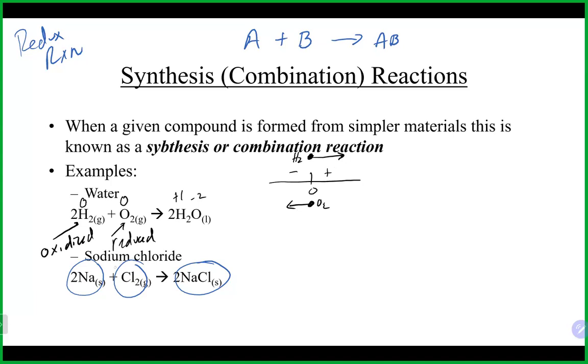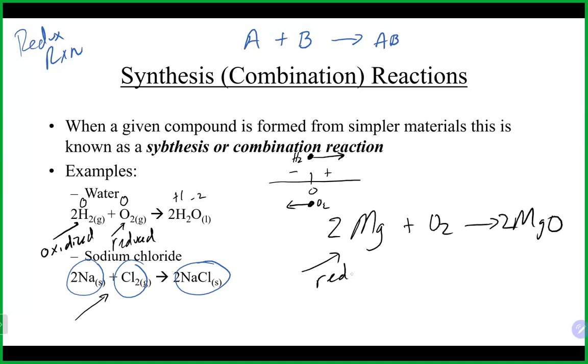It can also be classified as a synthesis or combination reaction. And the same thing with what we saw down here. We saw that as a redox reaction, obviously, and it could also be classified as a synthesis reaction. If you take the one we just wrote on the previous page, this guy right here, we saw this as a redox reaction. We just classified it as a combustion reaction, right?